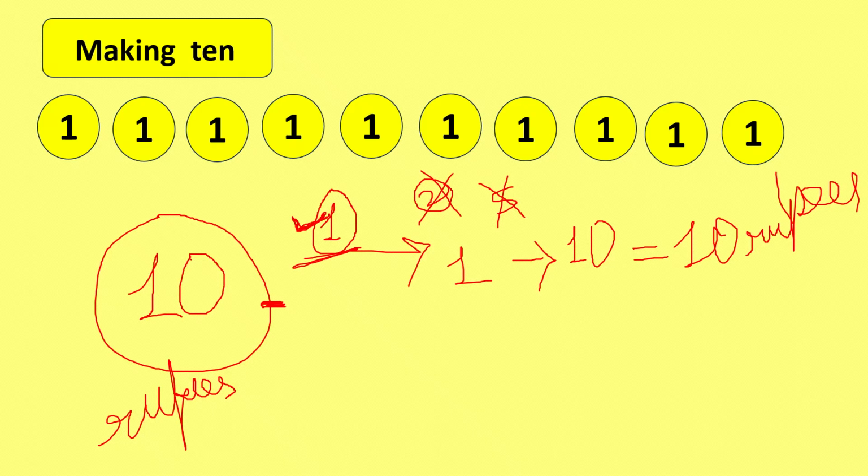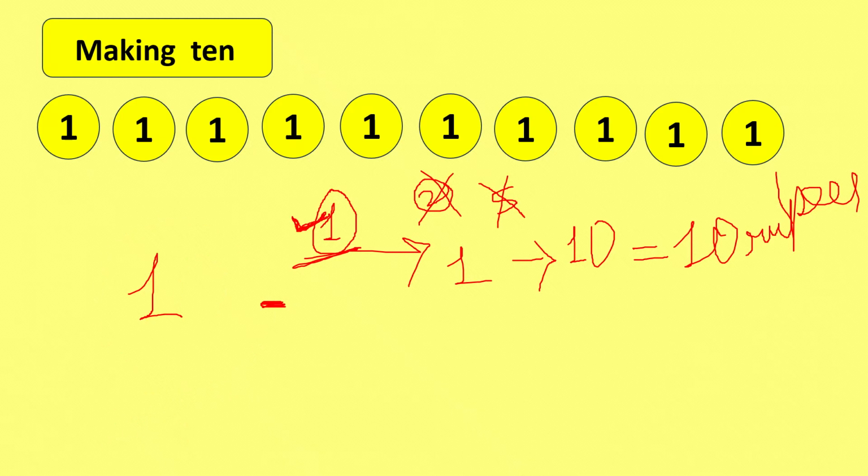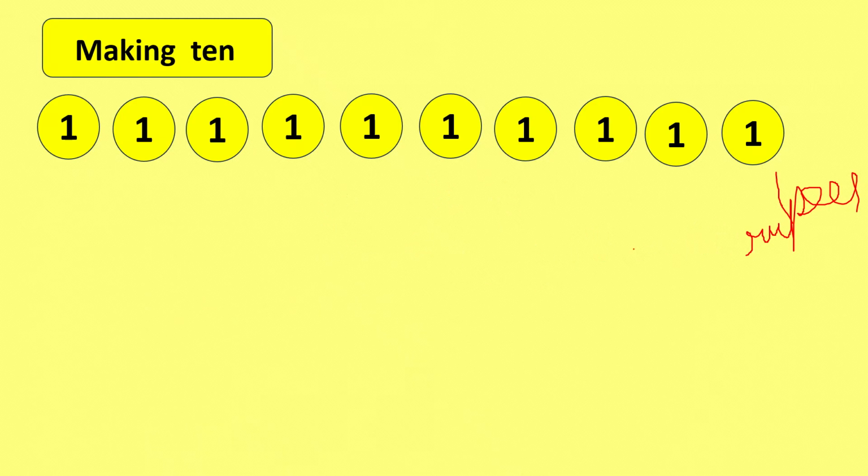Okay, so when we collect 1 rupee coins, then we make 10 rupees with it. Clear? Bacha, on every 10 rupees, there is always 1 rupee behind it.